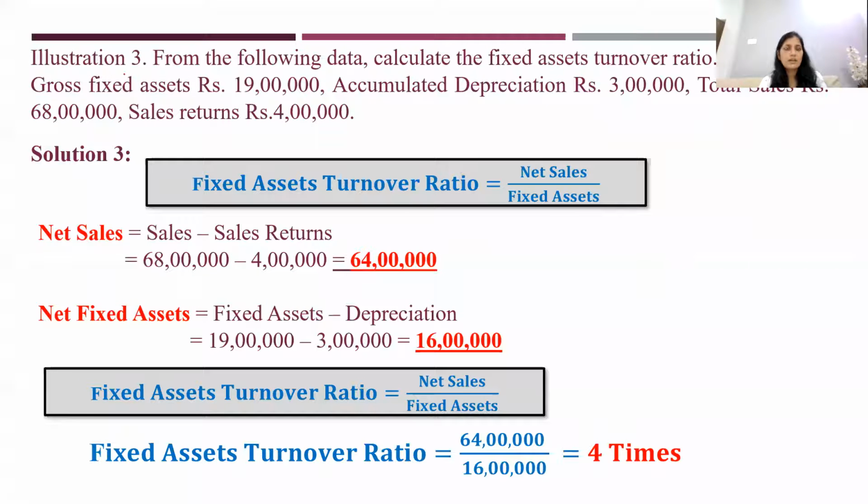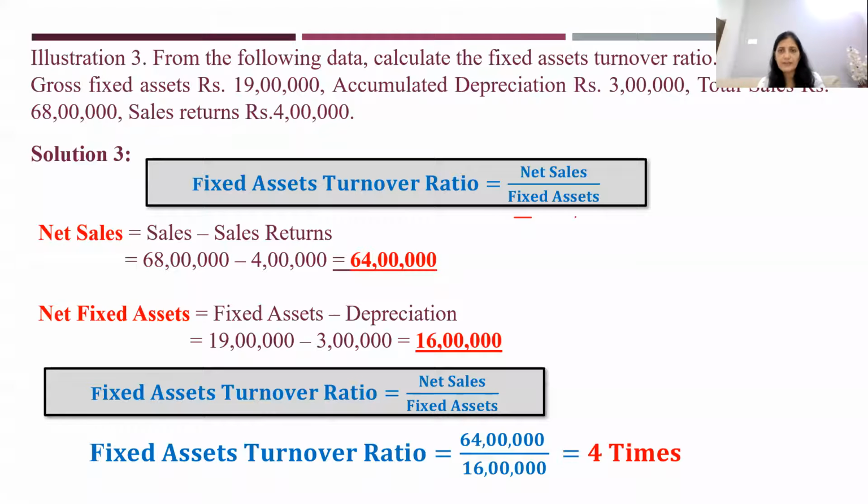Take down. From the following data, calculate the fixed assets turnover ratio. Gross fixed assets is 19 lakhs. Accumulated depreciation is 3 lakhs. Total sales rupees 68 lakhs and sales return is 4 lakhs. We have to find the fixed assets turnover ratio. As we all know, the formula is net sales divided by fixed assets.